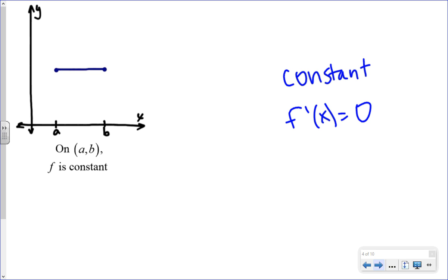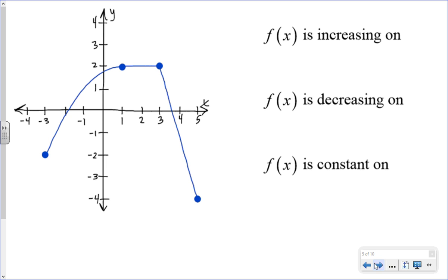Just for practice, if I were to give you this graph right here, what interval is f increasing on? From -3 to 1, f of x is increasing.